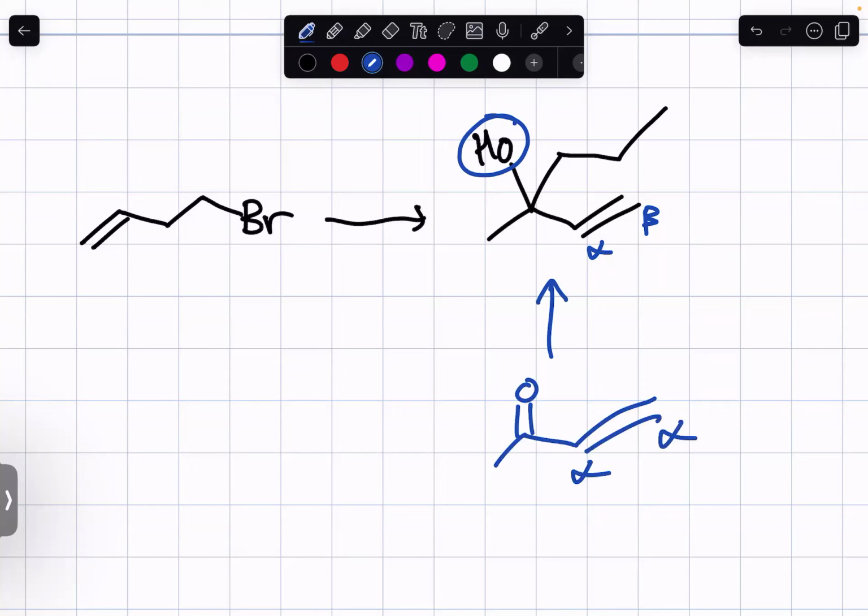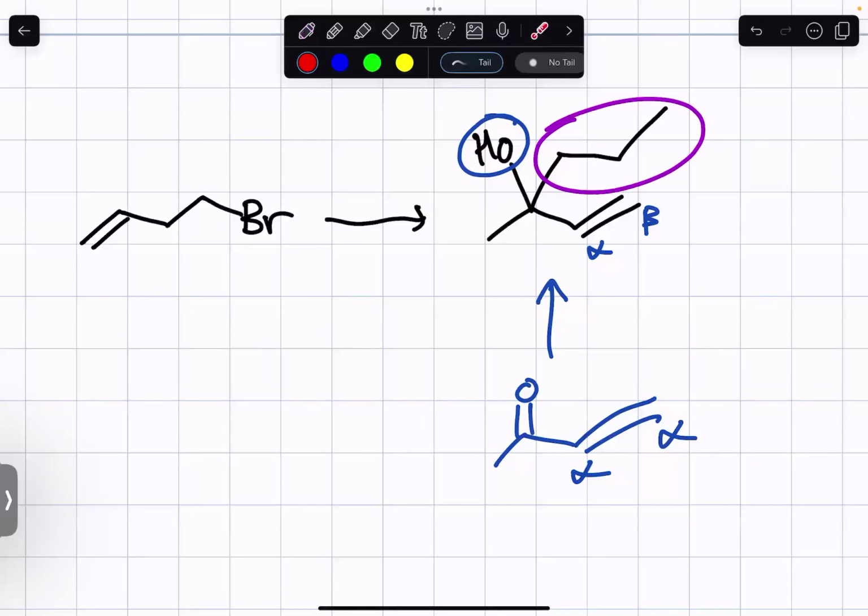It came from that, where this is the new group here, an R group. And we saw that R group attacked the carbonyl carbon. So what kind of reagent do we have to use to attack the carbonyl carbon? Grignard, right? Because we want the strong one, Grignard or organolithium.